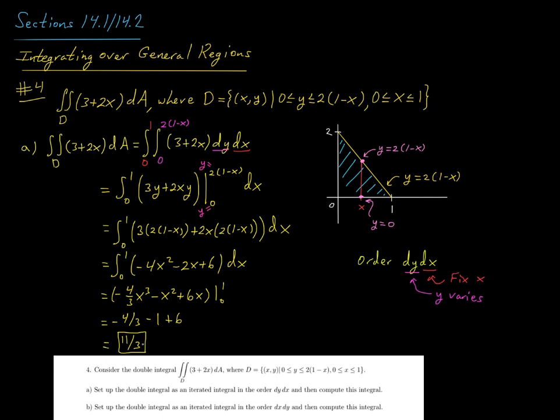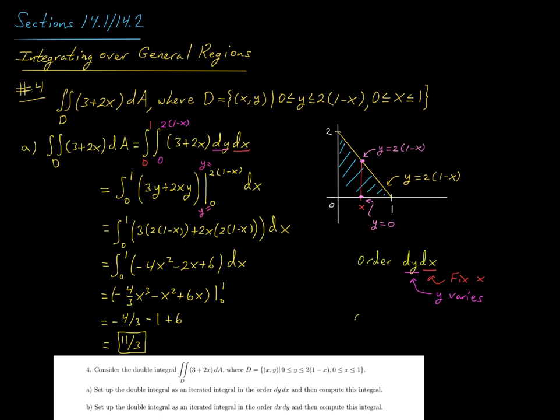All right. So that is part A. And now for part B, it's going to be to set up the iterated integral in the reverse order. Okay. And so what I want to do now is say this, right?